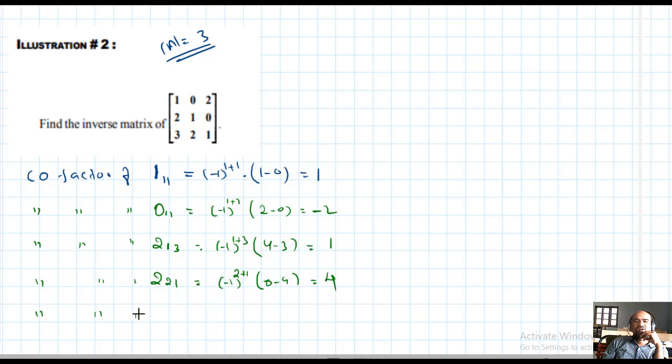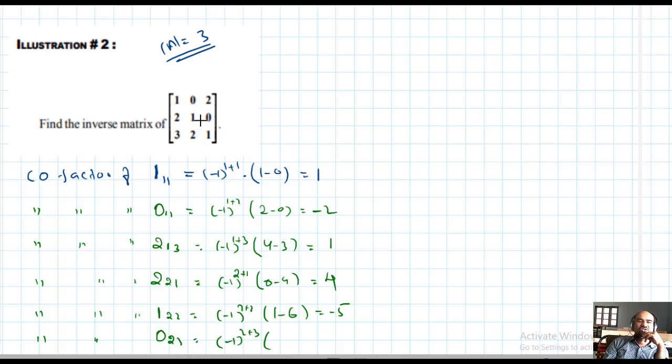Now cofactor of 1, that is 2 2, that is equal to minus 1 power 2 plus 2 into, directly cancel, ones are minus 6, 1 minus 6, minus 5, totally minus 5. Cofactor of that 0, which is 2 3, that is equal to minus 1 power 2 plus 3.